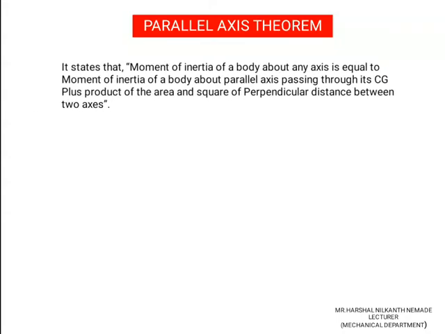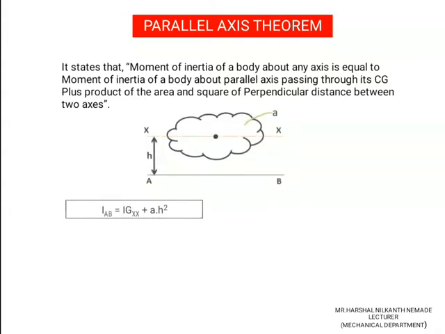Parallel axis theorem. It states that the moment of inertia of a body about any axis is equal to the moment of inertia of the body about a parallel axis passing through its CG, plus the product of the area and the square of the perpendicular distance between the two axes.